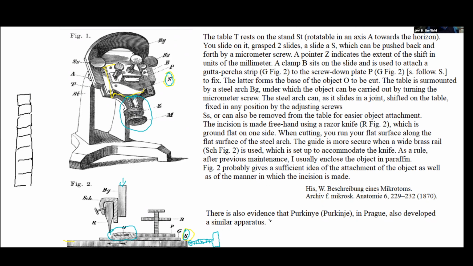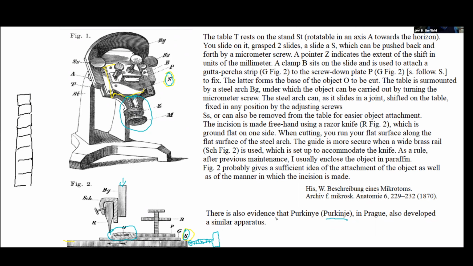There's also, by the way, some evidence that a similar device was developed by a Czech man named Purkinje, who was the anatomist who discovered the presence of Purkinje cells in the brain, in the cerebellum.